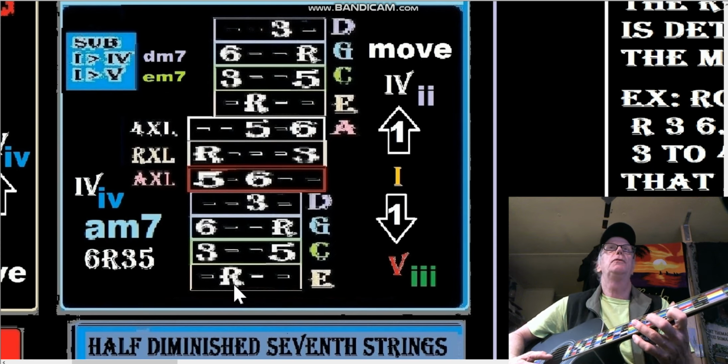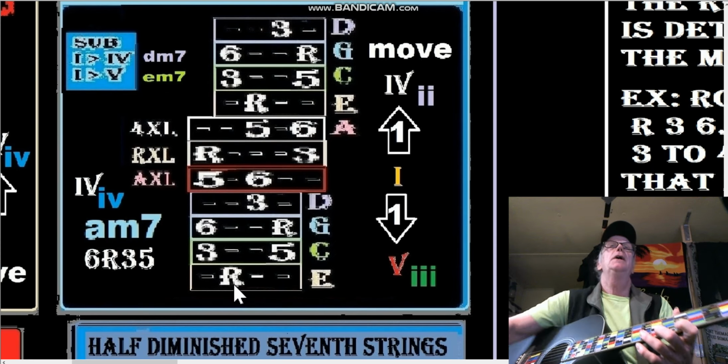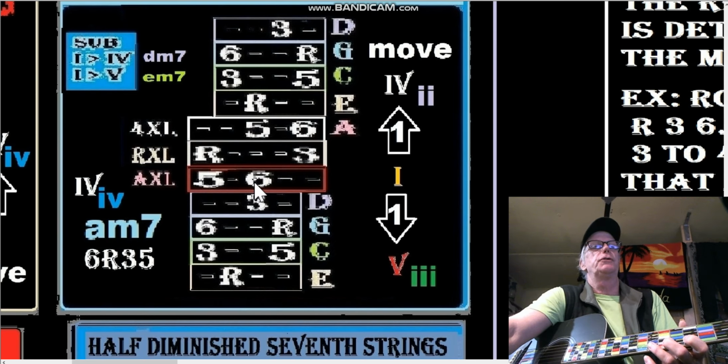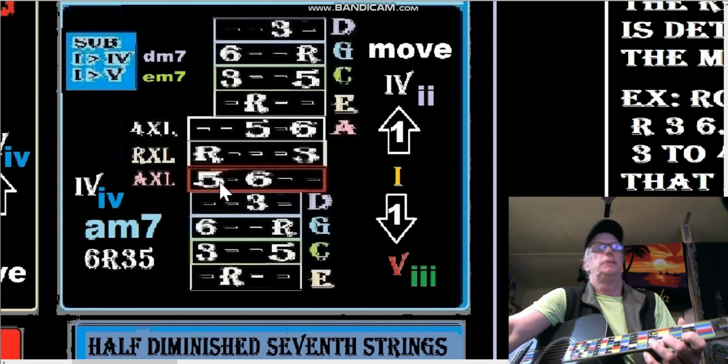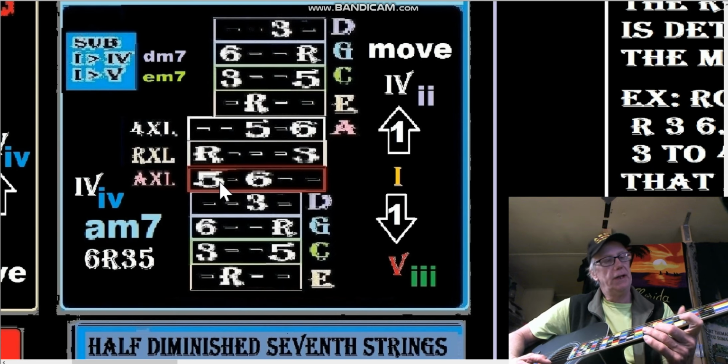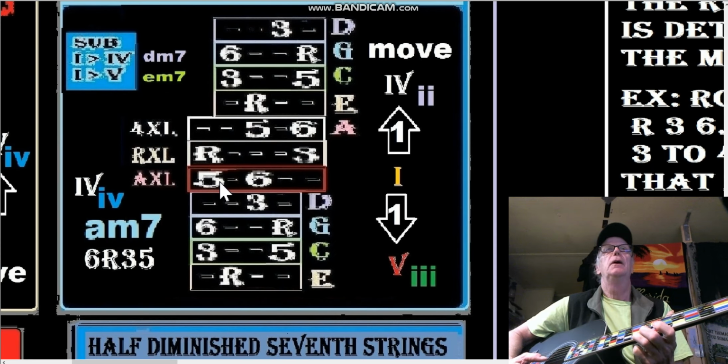Got to warp it over. Notice the warp was there, but that's not shown on P4 tuning because we want to be able to start the pattern anywhere. 5, 6, then root 3. So that's our A minor 7th once again.